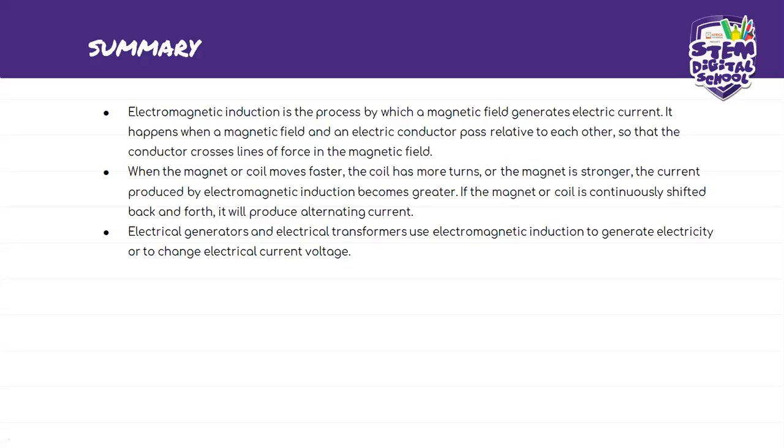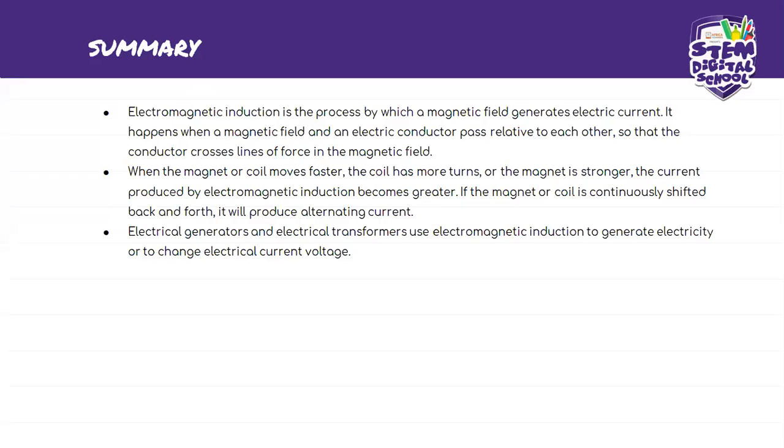Or if you have a very strong magnet, because we spoke about generators. These are huge coils, probably as tall as a person, and you can imagine how much electricity they produce from those coils. So the current produced by electromagnetic induction becomes greater according to these three factors: the movement speed, the number of turns, or a stronger magnet.